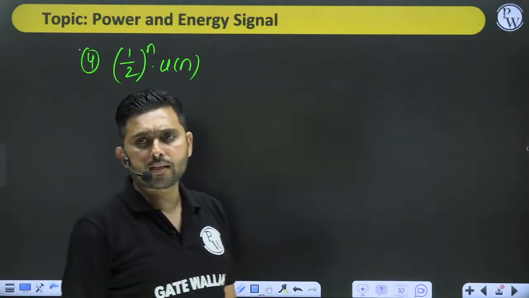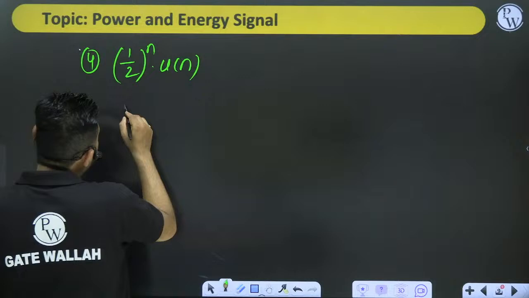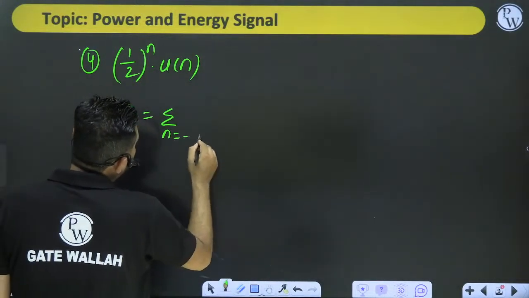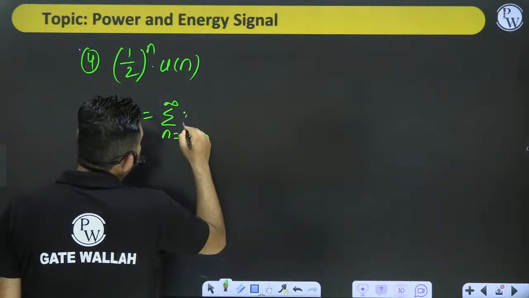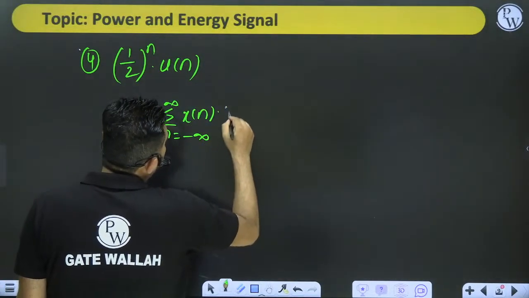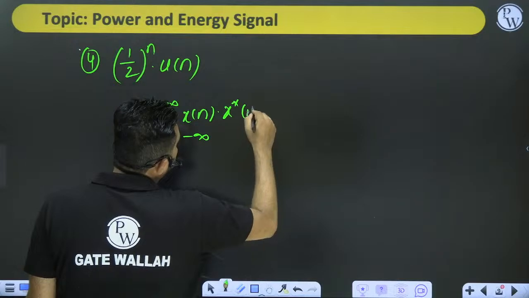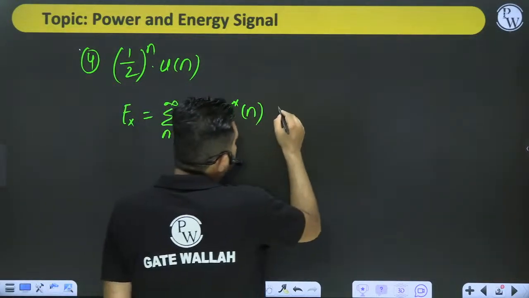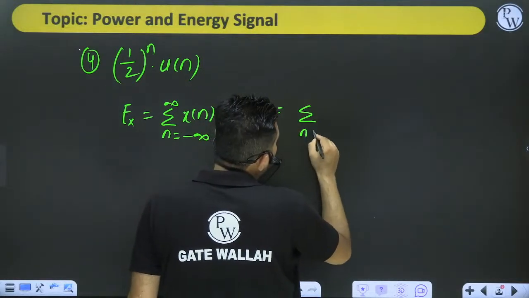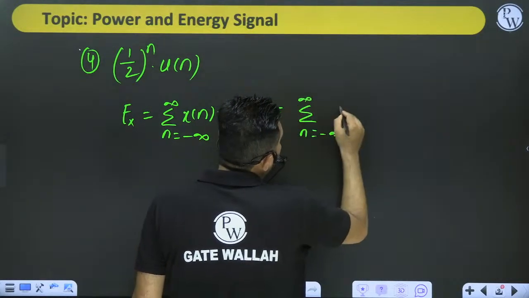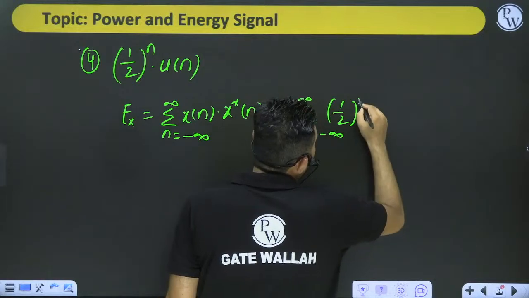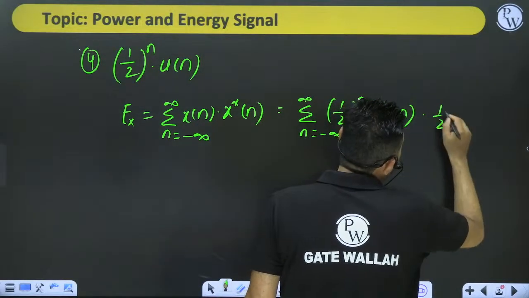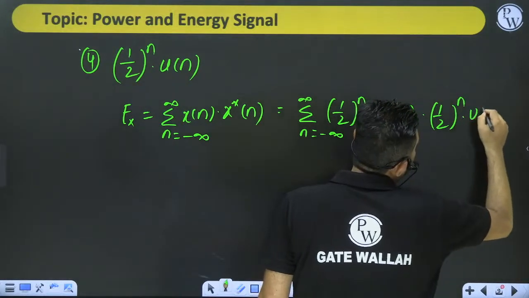And how will you find out the energy? Listen carefully. See here, the energy Ex would be the summation n is equal to minus infinity to infinity of xn into x conjugate of n. This can be written as the summation from minus infinity to infinity of 1 by 2 to the power n into un, into 1 by 2 to the power n into un.